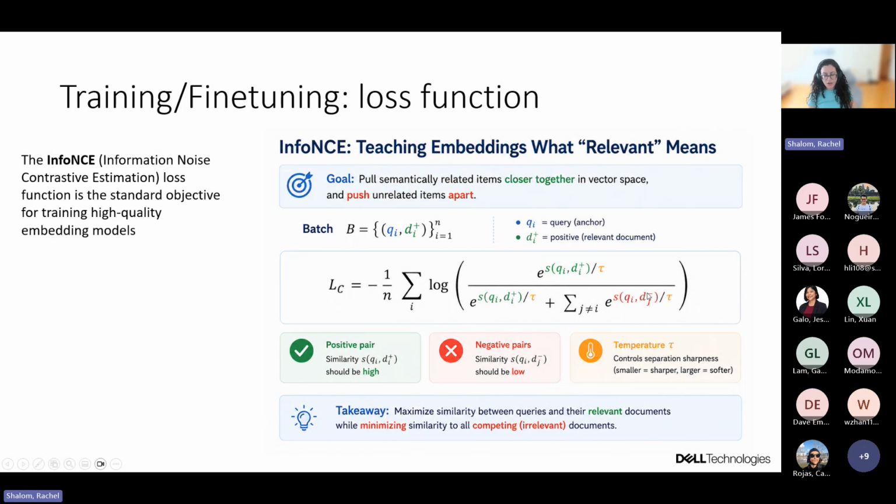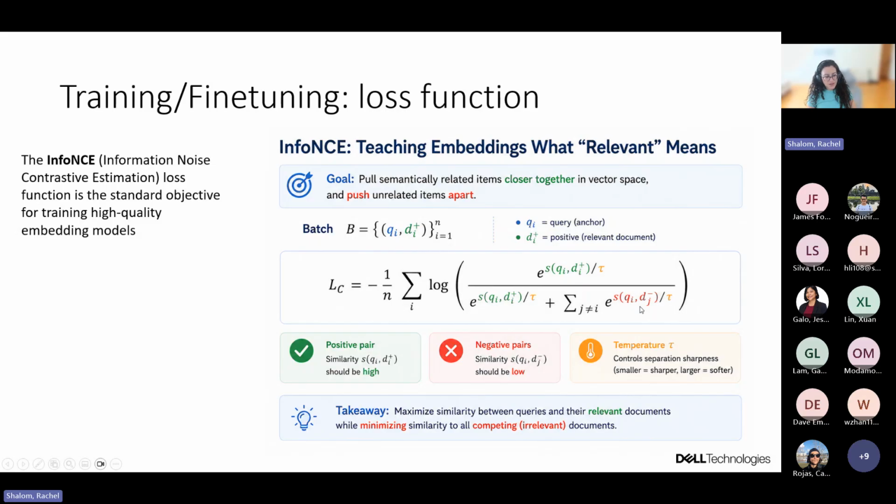When we have a sample of 100 questions and positive answers, for each question we treat all other documents as negative answers. The goal of the loss when we minimize it is to increase the similarity of the positives and the questions and decrease the similarity of the negatives and the questions.